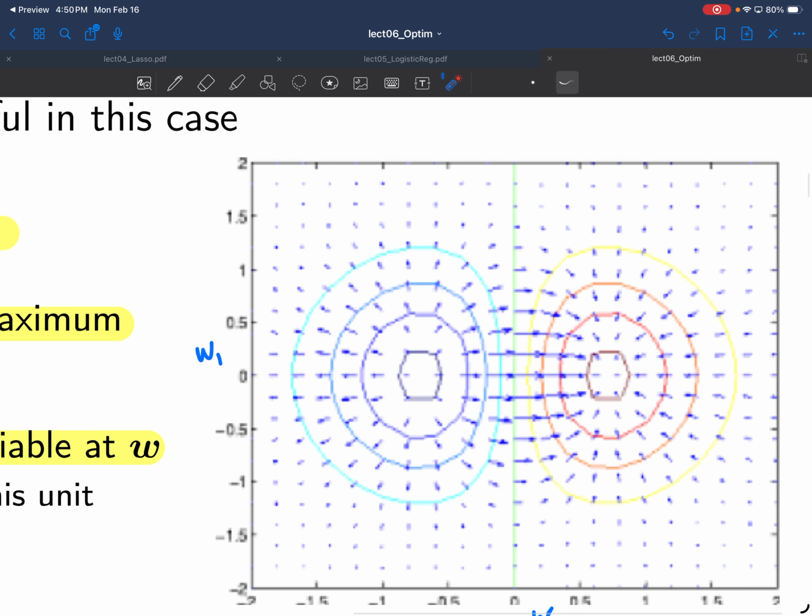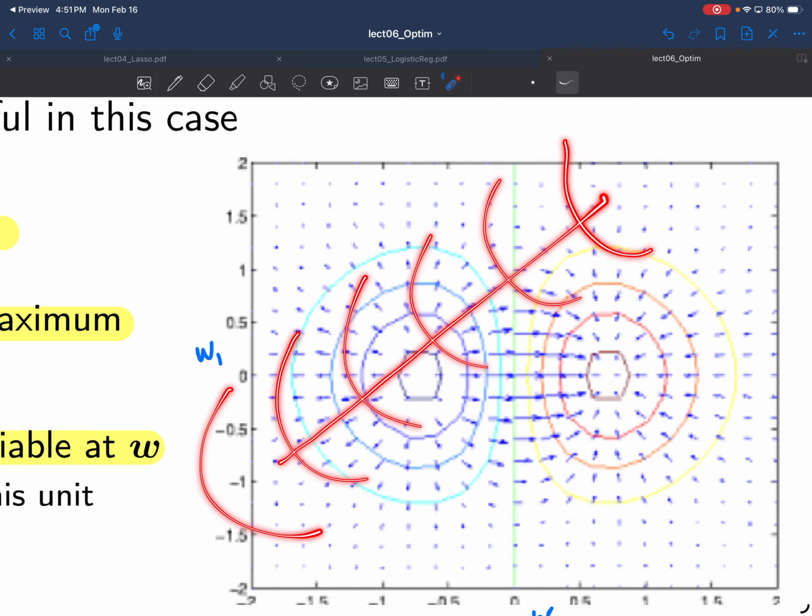If you have more features than samples, there are one or several directions where there's no curvature at all. It doesn't curve up or down. So it's kind of like this. And so actually the minimum is not unique. RSS is minimized everywhere along here.